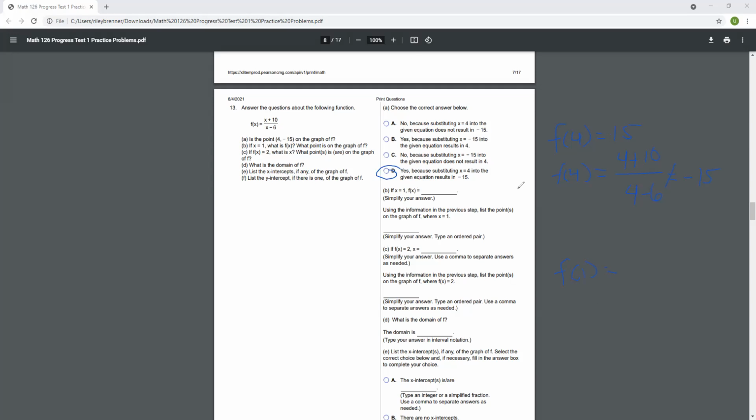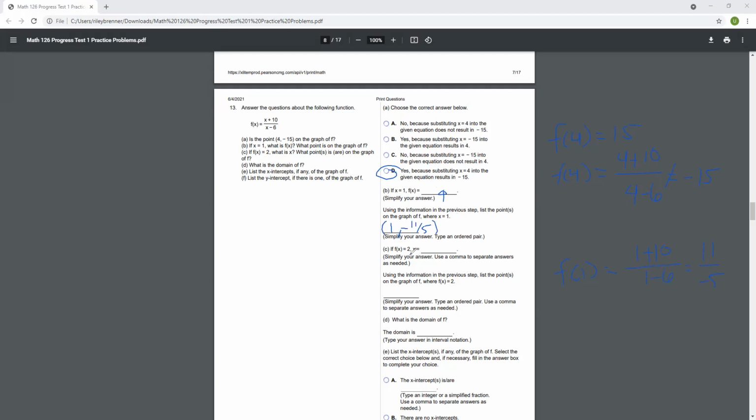So this would be the output value. If I plug it in real fast, we get 1 plus 10 over 1 minus 6, which equals 11 over -5. So that would go here. And then this would be the point. You've plugged in 1, that is the x value associated with this point, and then -11 over 5 would be the second point.